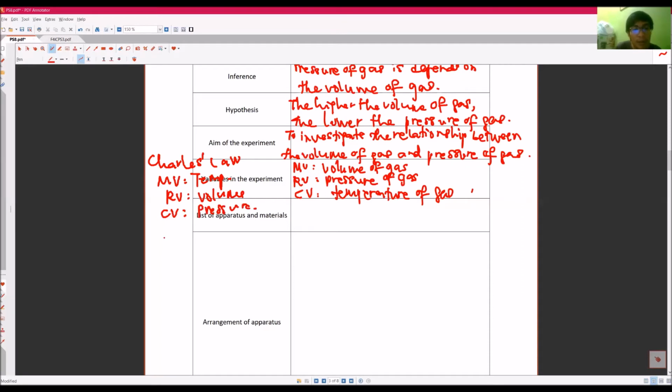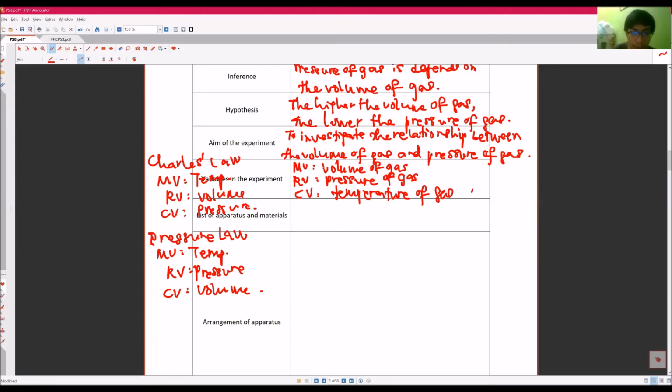And for pressure law, the MV is also temperature, but the RV is pressure and CV is volume. So make sure that you know which is the RV, MV and CV for each gas law.